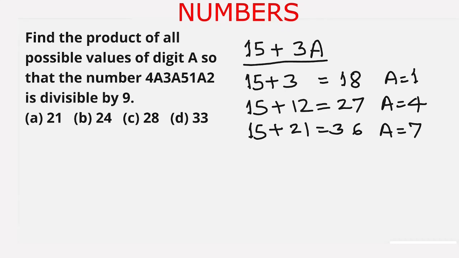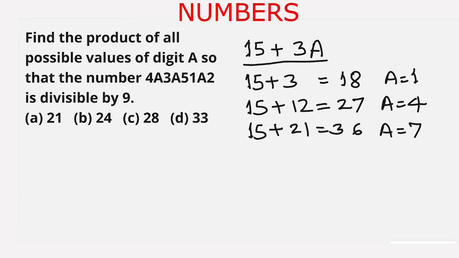And if we put A equal to 8, then 8 times 3 is 24, and 24 plus 15 is 39, which is not divisible by 9. And if we put A equal to 9, then 27 plus 15 is equal to 42, and 42 is not divisible by 9.